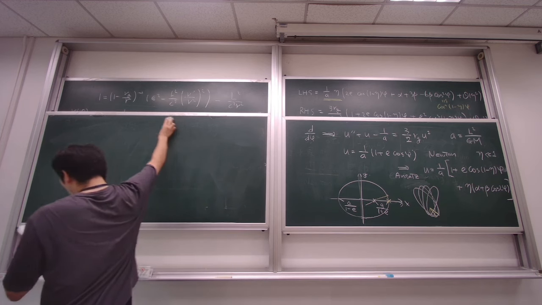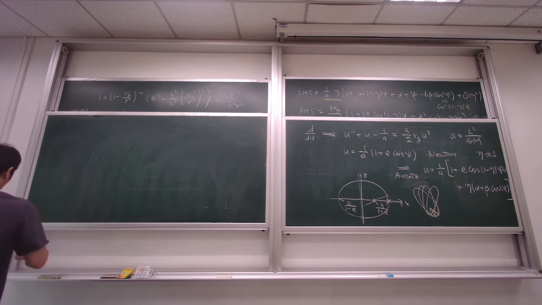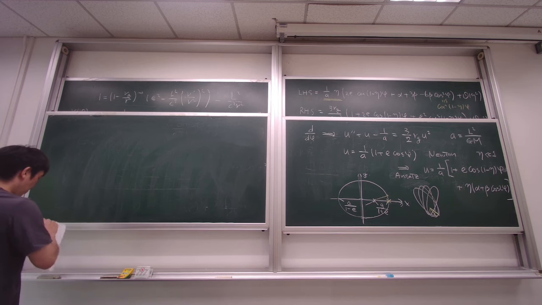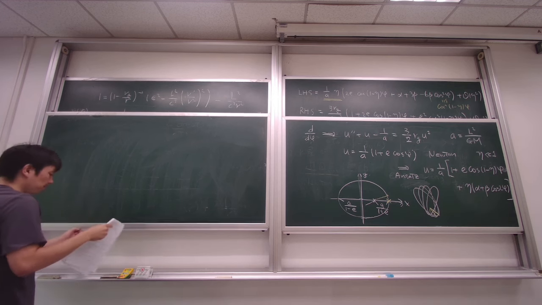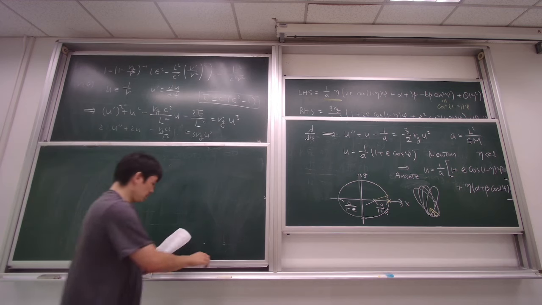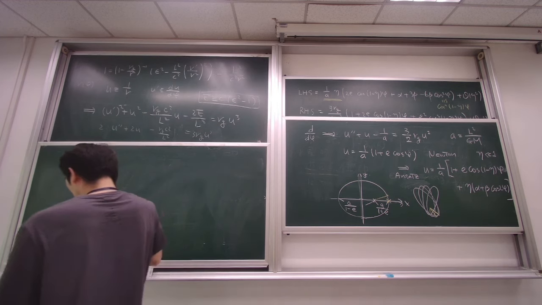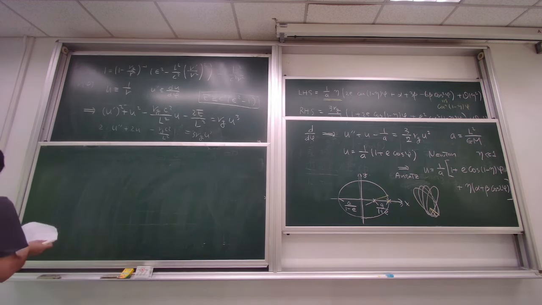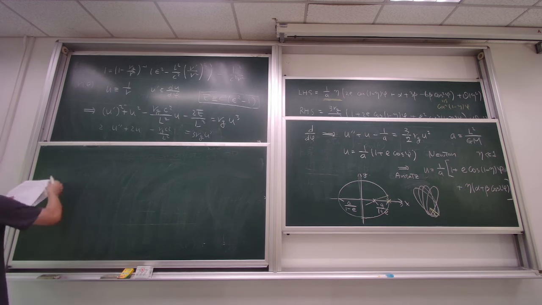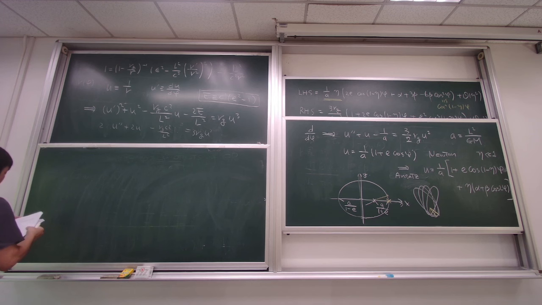So therefore, what's really happening is that to get this perihelion, what you need to do is that you need an extra rotation.